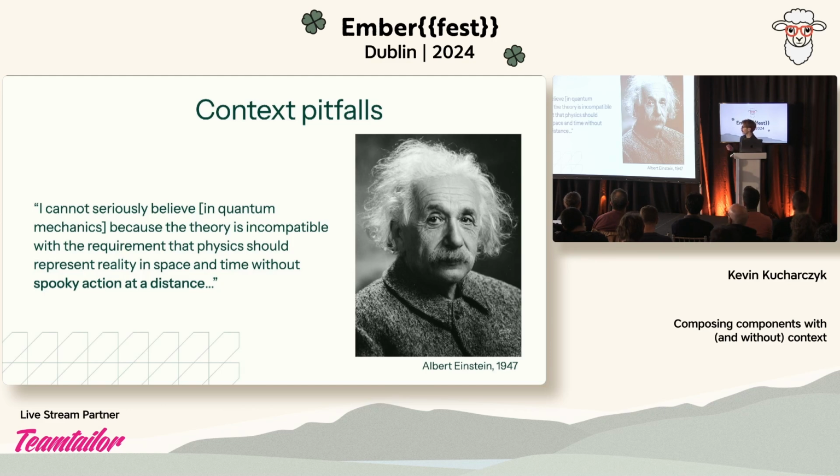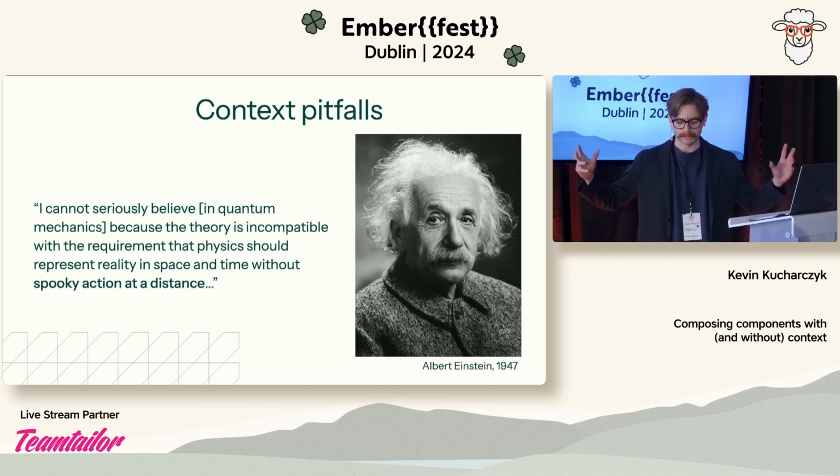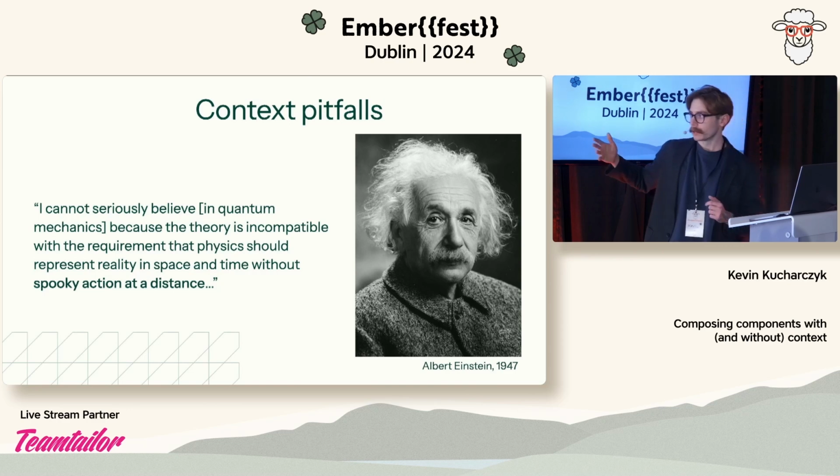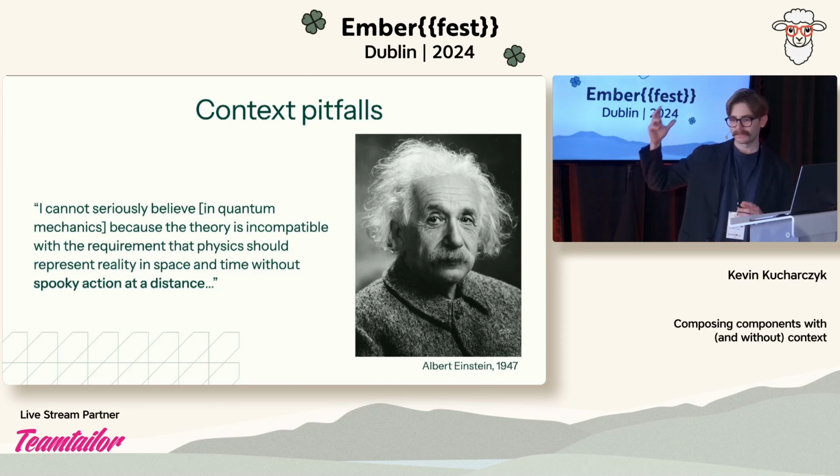He criticized it by saying there was this weird spooky action at a distance happening, referring to phenomena like quantum entanglement, which allows particles to instantaneously communicate some sort of state, even when there's no interaction happening between them. And it's a great way to describe what's happening in context, or in effects, I suppose, where sometimes you don't know where your data is coming from.